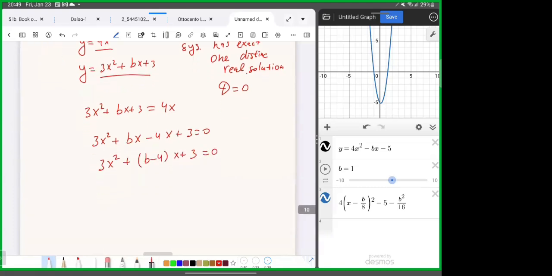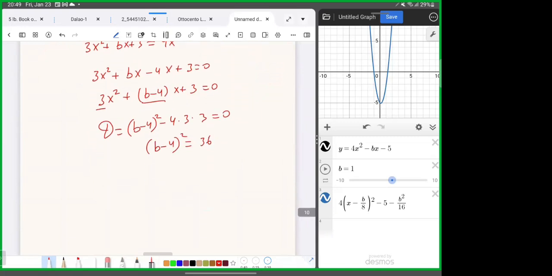Now you can use the discriminant: (b minus 4) squared minus 4 times a times c equals 0. So you will find (b minus 4) squared equals 36. For solving this kind of equation, b minus 4 can be either plus 6 or minus 6, because the square of plus 6 or minus 6 always gives you 36. That's why you have two solutions.